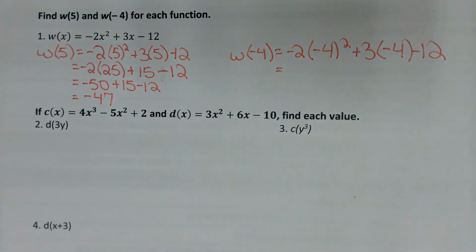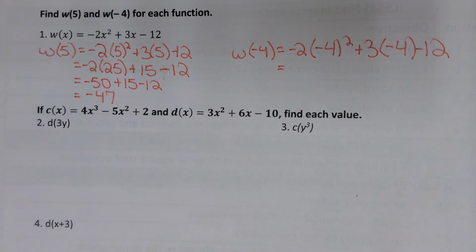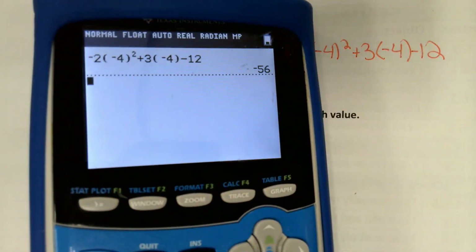Now this time I am going to go ahead and use the calculator because we've already reviewed our order of operations. So -2 times parentheses -4 squared plus 3 times -4 minus 12, and we get -56.